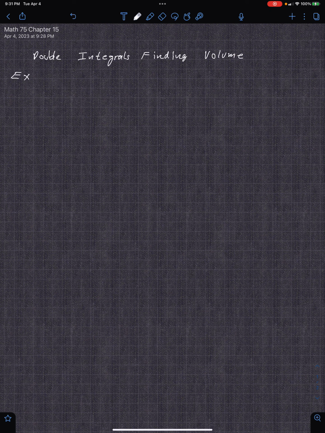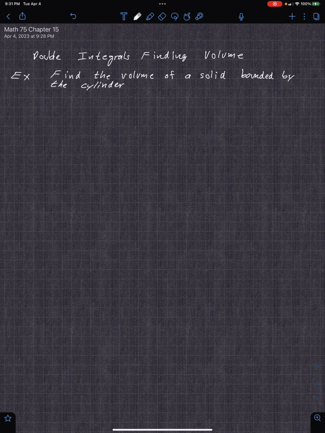Okay, so find the volume of a solid bounded by the cylinder, and we mean a general concept of a cylinder.